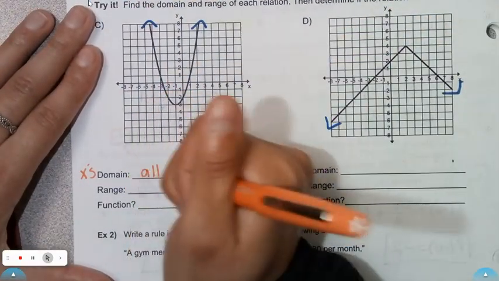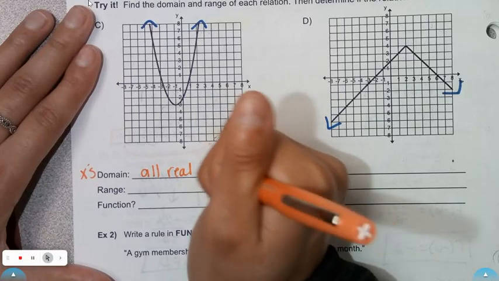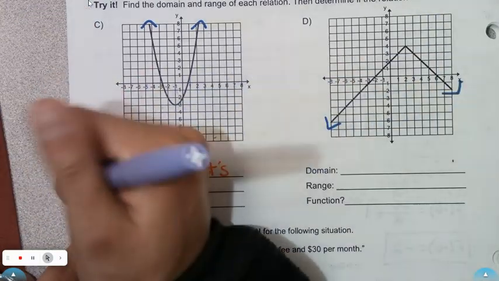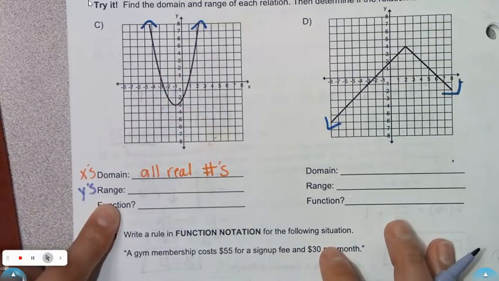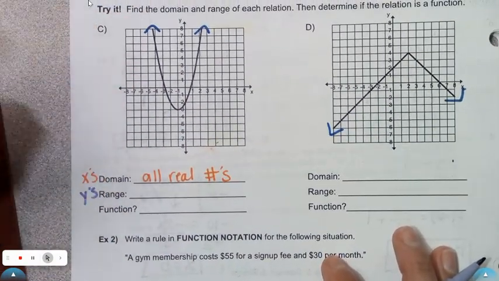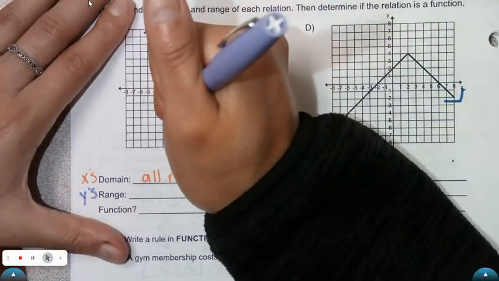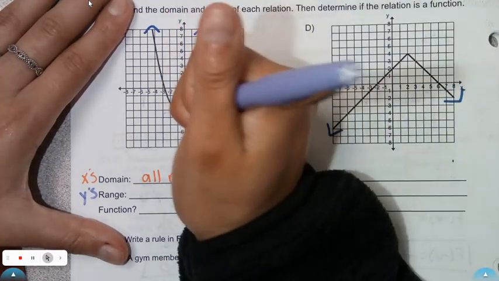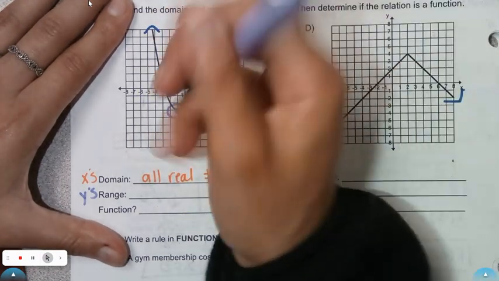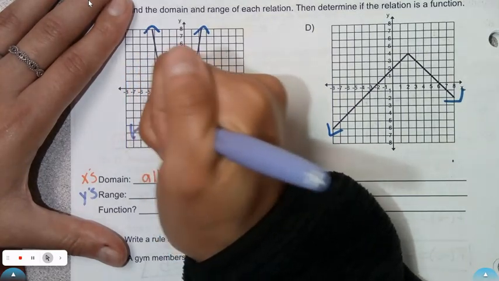So your domain is all real numbers. Your range is your y's. Here you have to be super careful. Here's where you want to identify your lowest or your highest point. Because my graph is going up, I have a lowest point. My lowest point is right here. The coordinates that make up that point are negative 1, negative 3.